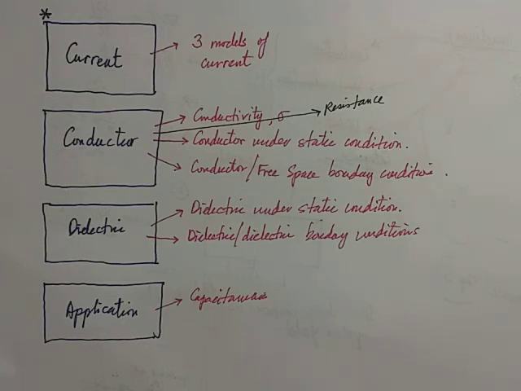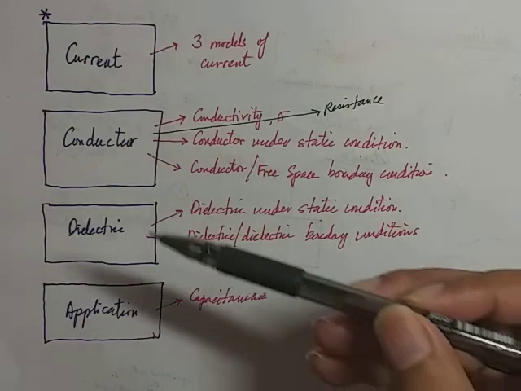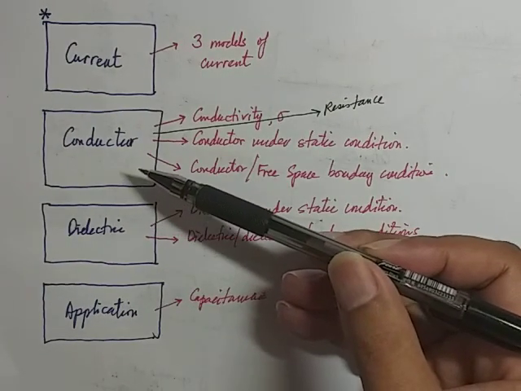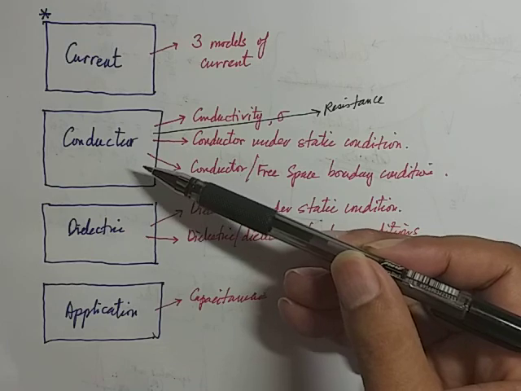The first task that we put aside is to talk about current. We have done that, and we ended with discussing 3 model equations of current. From there, we're going to go to the second step, which is to talk about conductor. So this is what we're going to do now in this session.